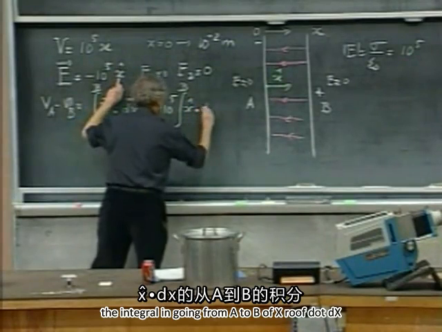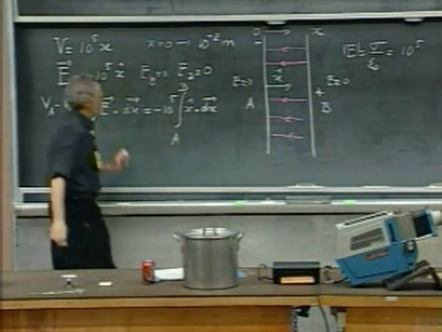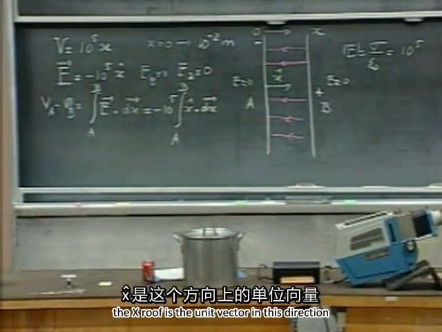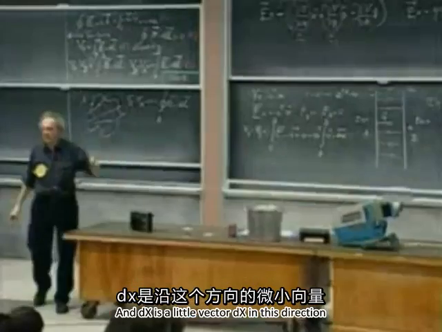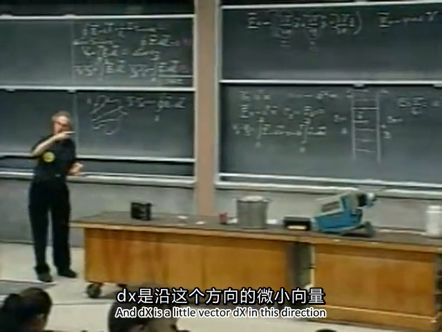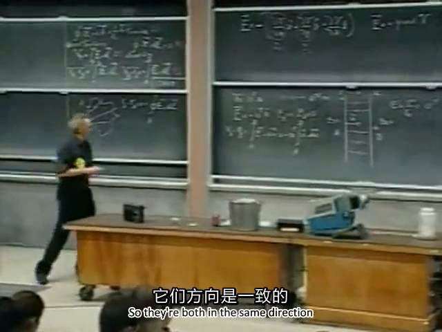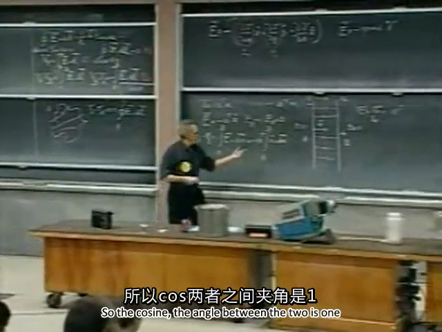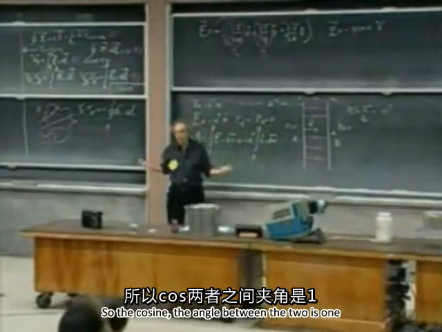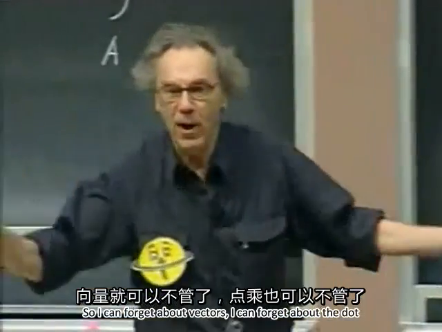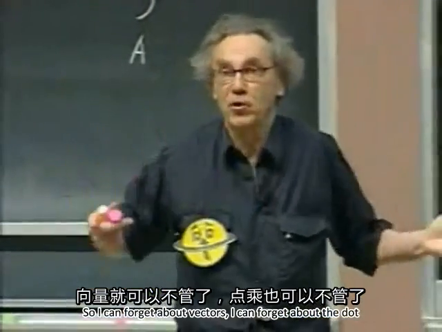dot dx. It looks scary, but it is trivial. x roof is the unit vector in this direction. And dx is a little vector dx in this direction. So they're both in the same direction. So the cosine of the angle between the two is 1. So I can forget about vectors, I can forget about the dot.